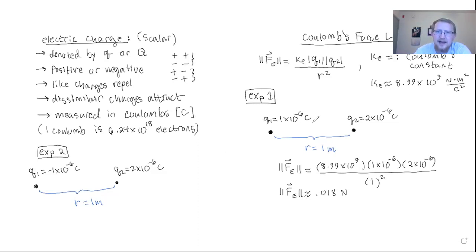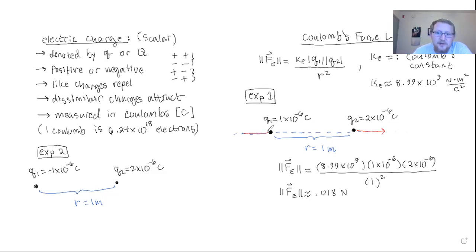So what we'll do for that is we'll draw the radius between the two particles, or the distance between the two particles. And the forces between these two particles will always lie on this line, what's called collinear to the line. So they're parallel and they're on top of the line. In this case, we'll say there's a force that's pushing Q2 this way, although we're not allowing it to move.